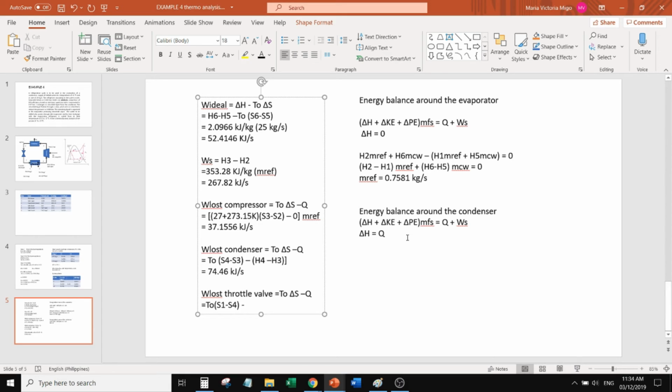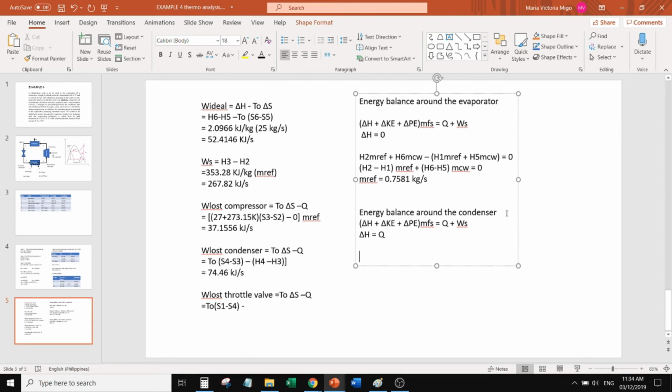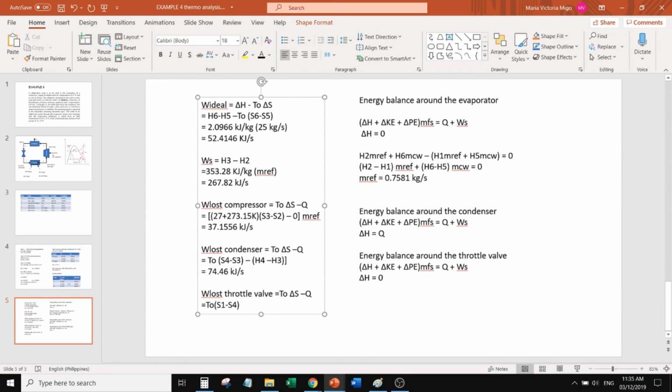So if we make an energy balance around the throttle valve, you will get delta H equal to 0.